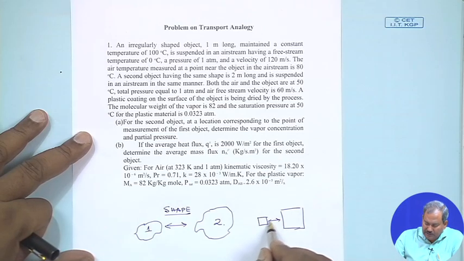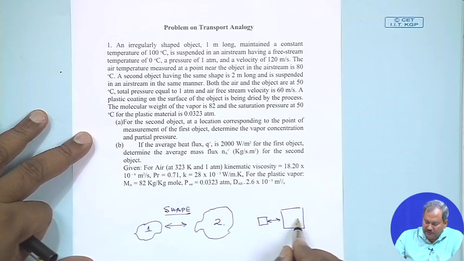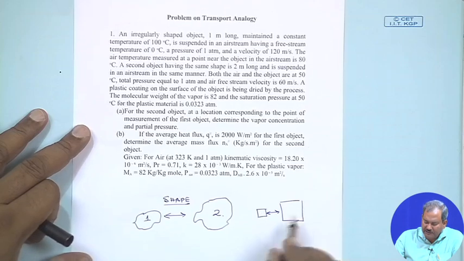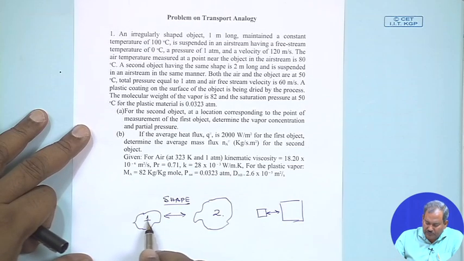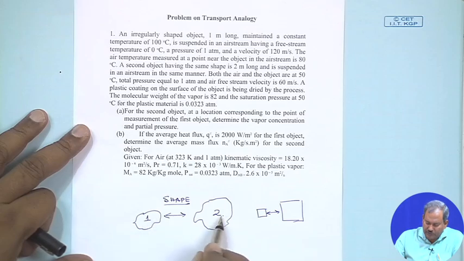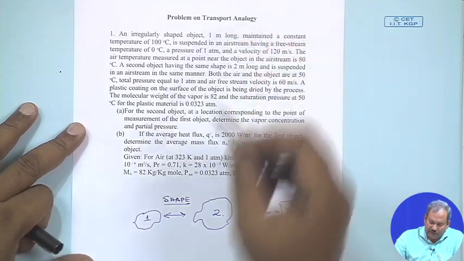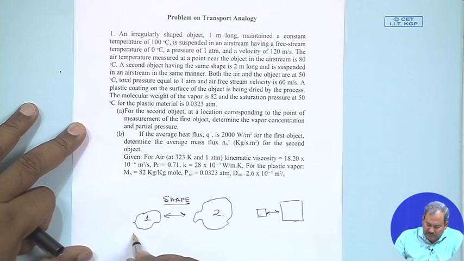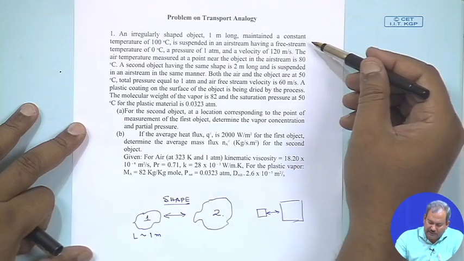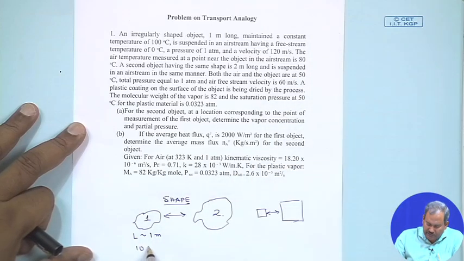This is what I mean when you keep the shape intact but the sizes are more. You have to pardon my drawing, but what I am trying to show you here is object 1 and object 2, and let us assume the shapes are the same. The irregularly shaped object has an equivalent length equal to 1 meter, and it is maintained at a constant temperature of 100 degrees centigrade.